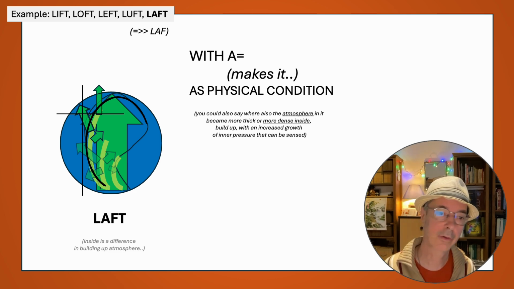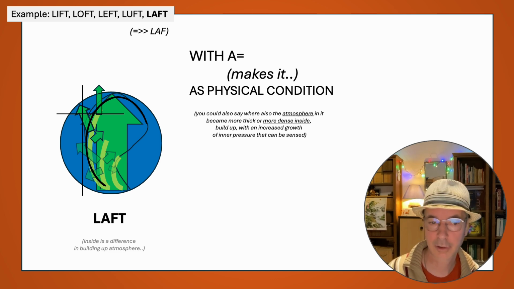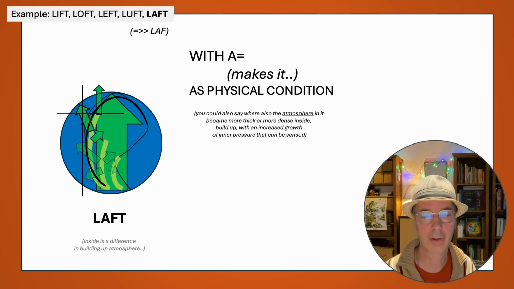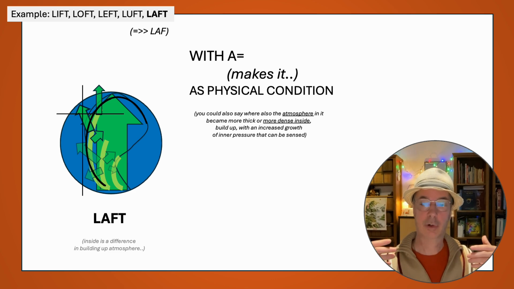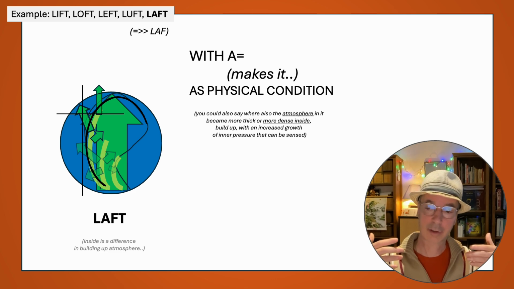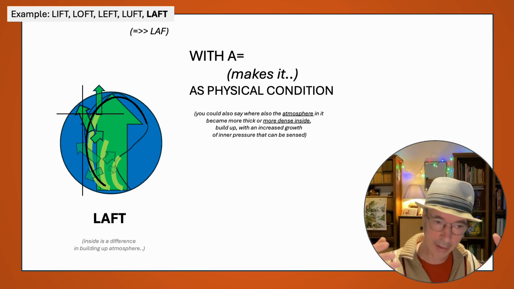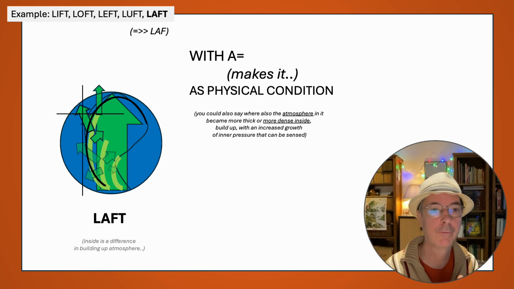I was a bit quick here to the next slide, but there is a word which doesn't need much more. You have the Luft underneath, you can still see it, and there's another word which is LAFT. I can't pronounce it exactly because it's a Nordic word, but the A on its own as a letter is always getting things more physical in space. It's getting much more physical than the Luft.